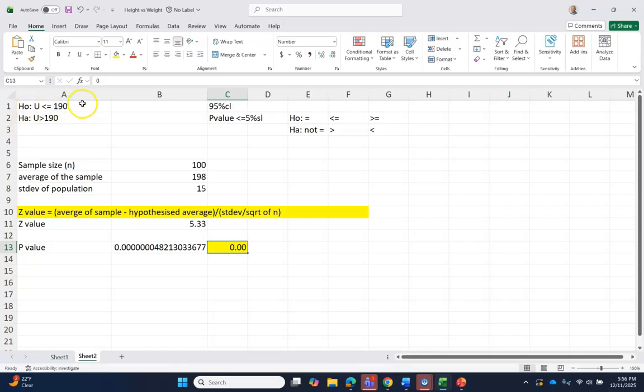So the null hypothesis says it is less than or equal to 190. So my outcome will support the idea that the average cholesterol level of the children in the US is significantly greater than 190, and that's proved by the probability value of less than or equal to 5% significance level, and that's our p-value.